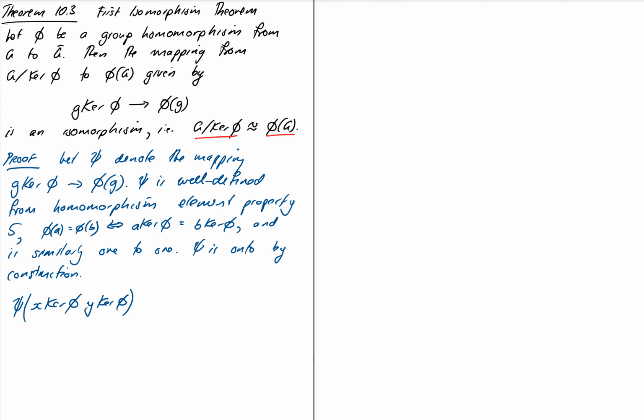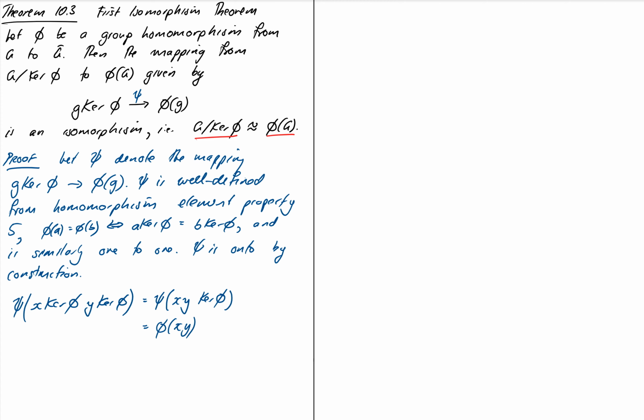We know that to combine two cosets together, we just multiply the representatives. So that's going to be equal to psi of xy kernel phi, because that's our composition rule for factor groups. And by definition, this mapping is psi. So if I take this particular coset xy kernel phi, that's going to map to phi of xy.